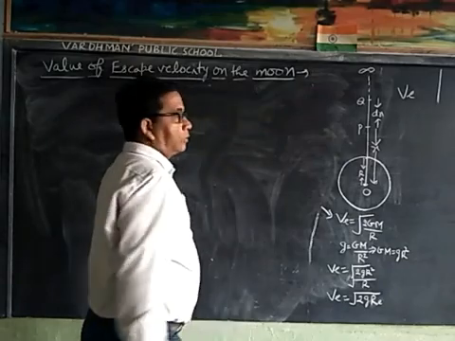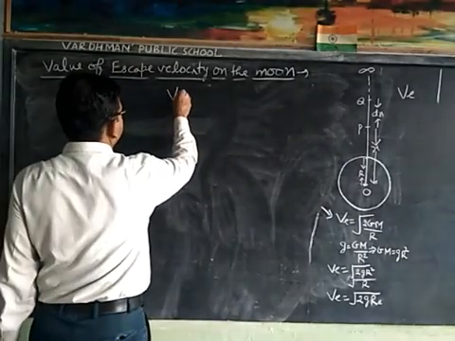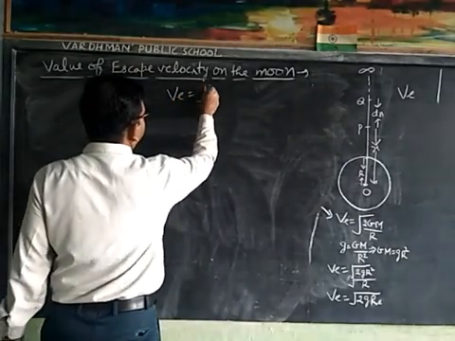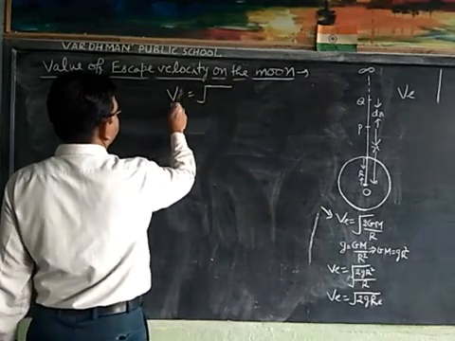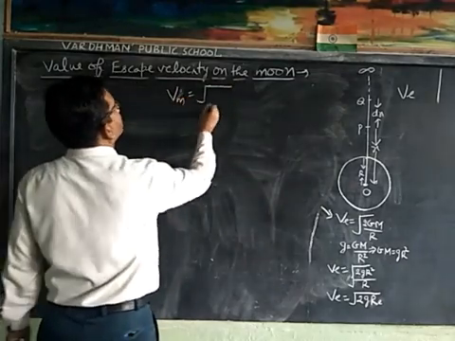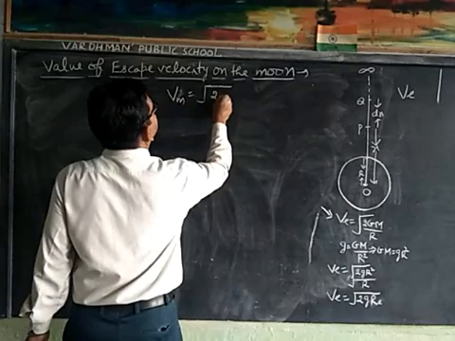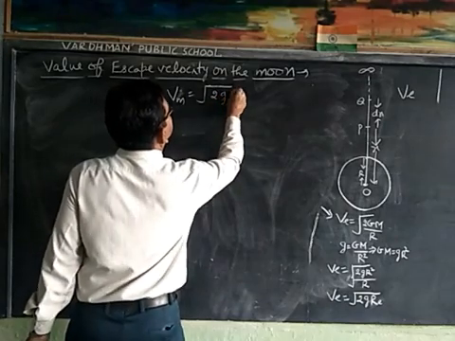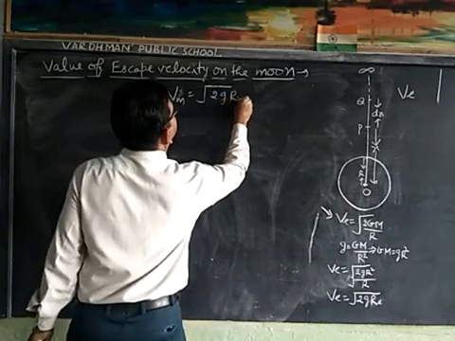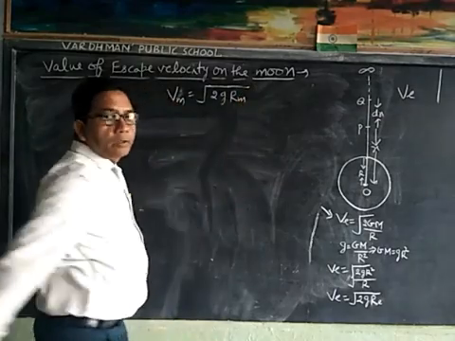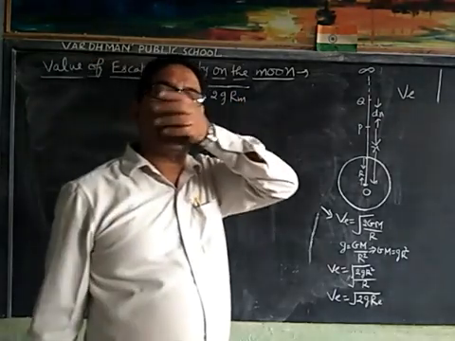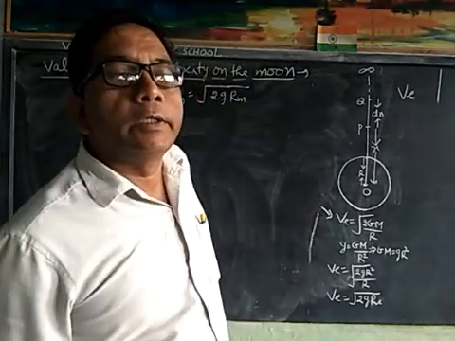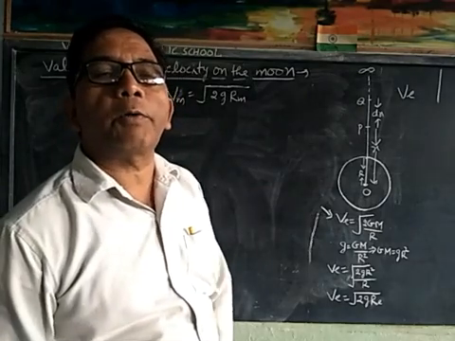We know V is equal to under root 2GR. Here, the escape velocity on the Moon, that is Vm, is equal to under root 2 G Rm. What is Rm? Rm is the radius of the Moon, that is 1.75 into 10 power 6 meter.